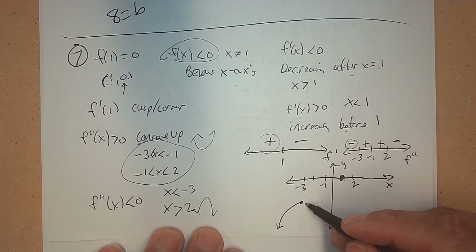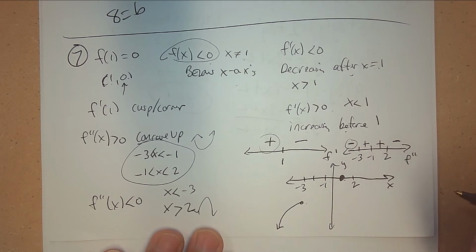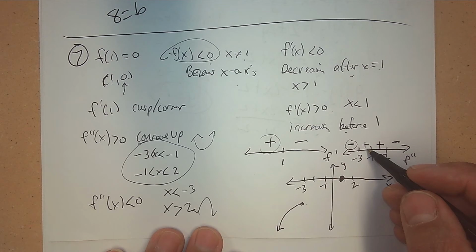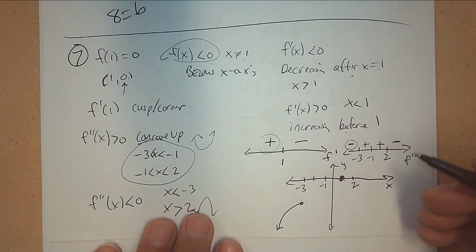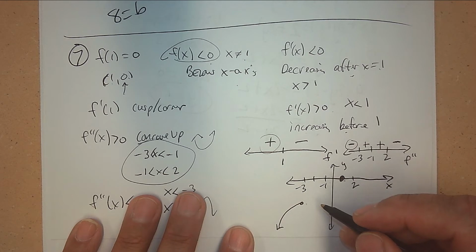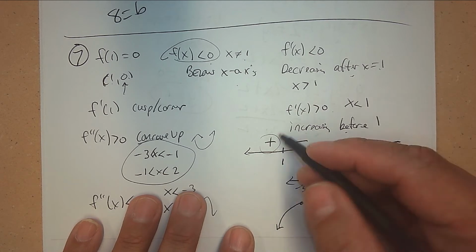From -3 to -1, it is smiling and still increasing.